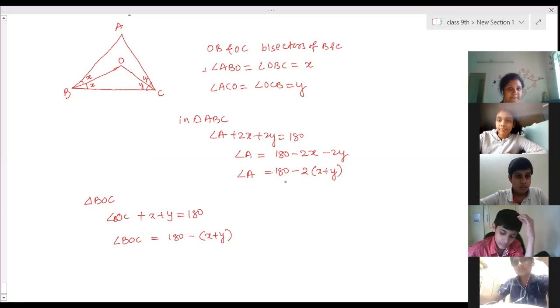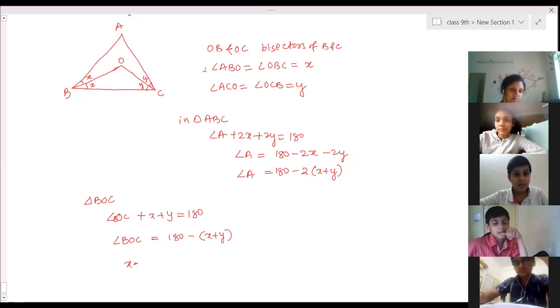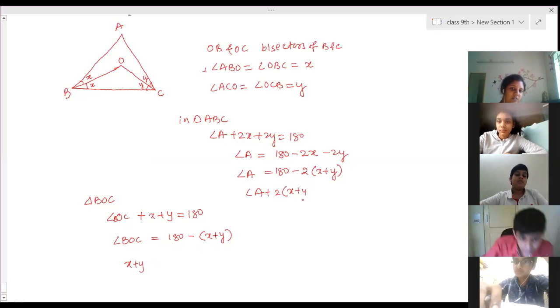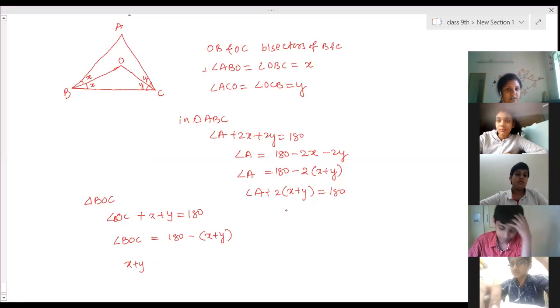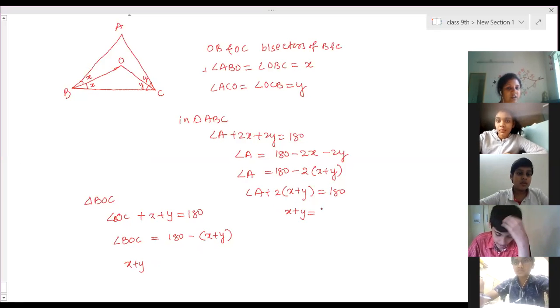Here what we can do is keep x plus y on one side. Angle A plus 2 into (x plus y) is equal to 180, so 2 into (x plus y) is equal to 180 minus angle A, and x plus y is 90 minus A by 2.